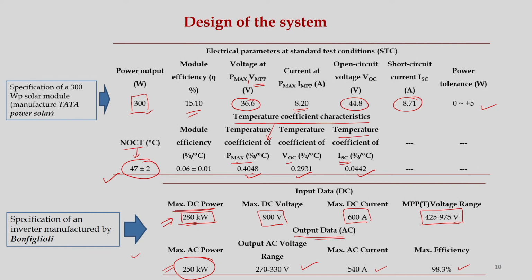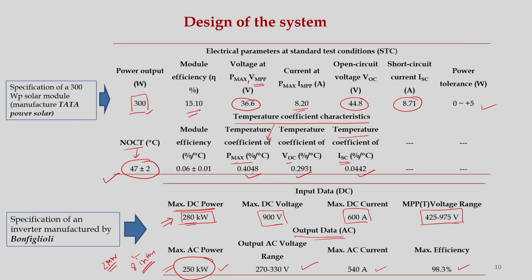So, for example, if we design for a capacity of 2 megawatt, and a single inverter will give 250 kilowatt, then how many inverters will be required? It will be 8 inverters, right.